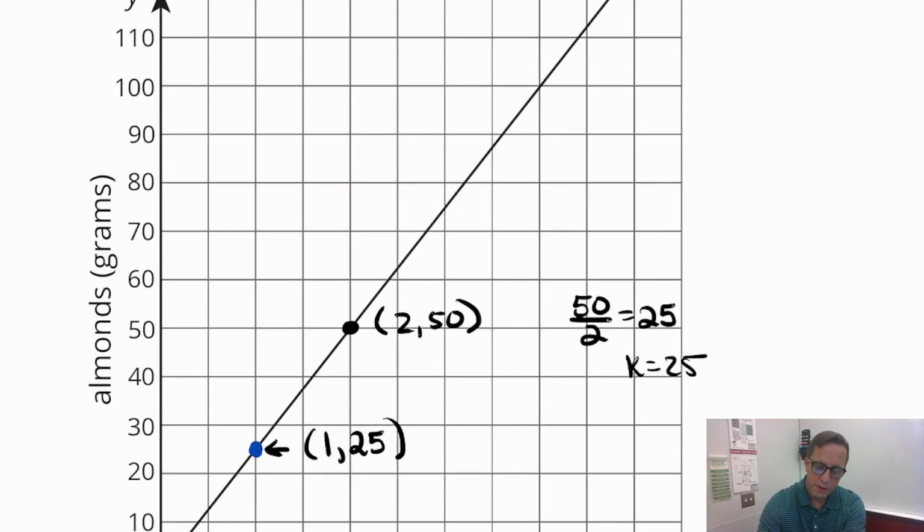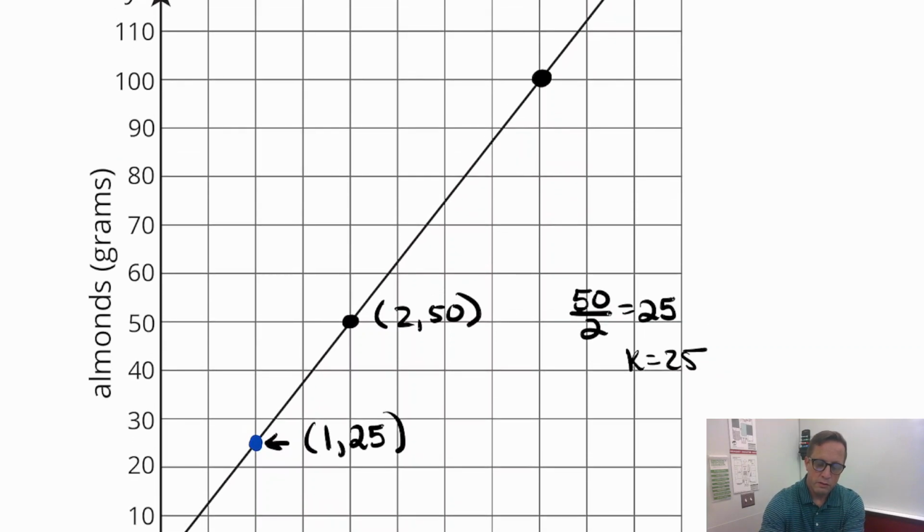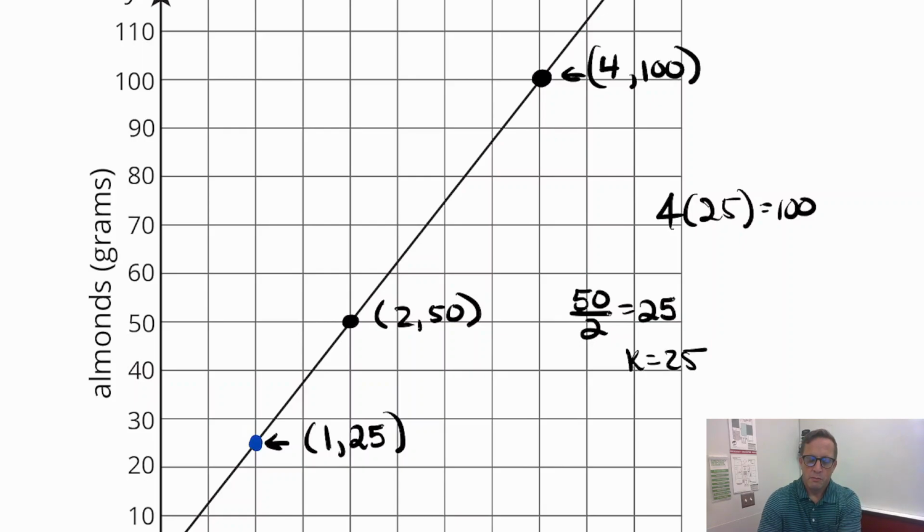And right here is 100. 4 times 25 is equal to 100. Right there, there's 400. See, it follows that perfectly.